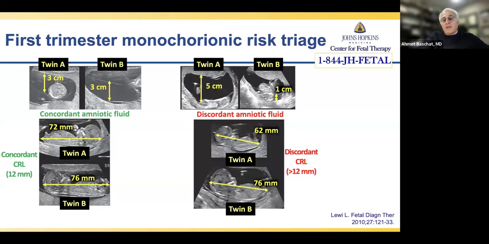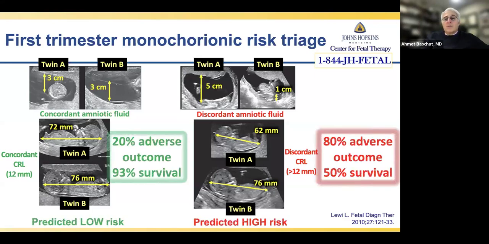A crown rump length discordance over 12 millimeters and fluid discordance is associated with significantly higher risk for adverse outcome and much lower survival than when the size is concordant. So in the first trimester, you can already lay down the management path about how you want to evaluate these babies moving forward.